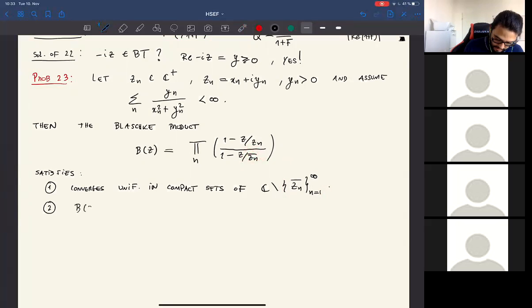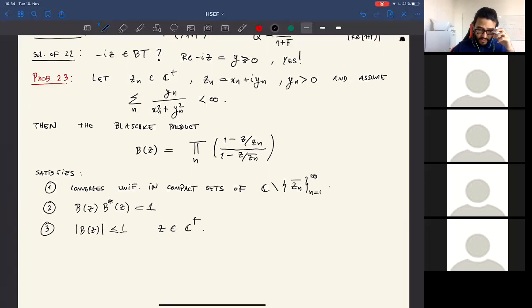2 and 3. Okay, so this is what is also called in the literature an inner function. An inner function usually in a certain domain is a function which is less or equal than 1 inside, and at the boundary of the domain equals 1.